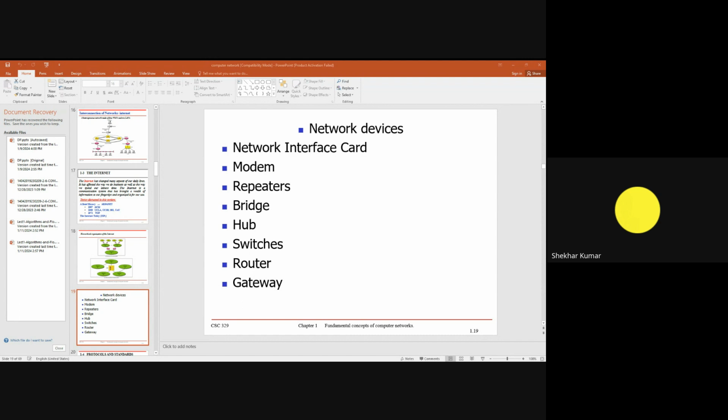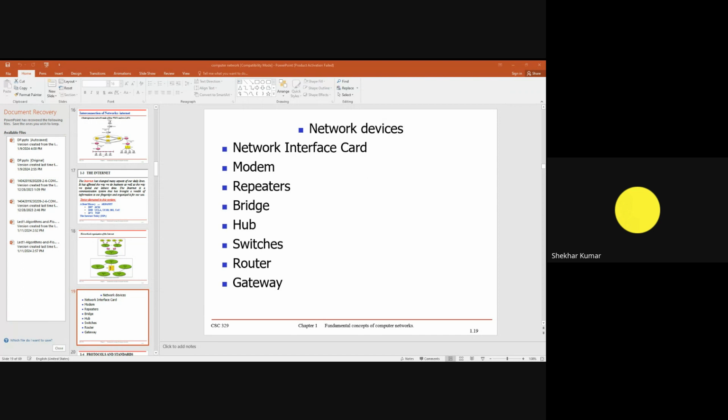Then we also use one more network device that is called a bridge. As the name suggests, why is a bridge used? A bridge is used for connecting two networks. A bridge connects two or more hosts or network segments by storing and forwarding frames between them.